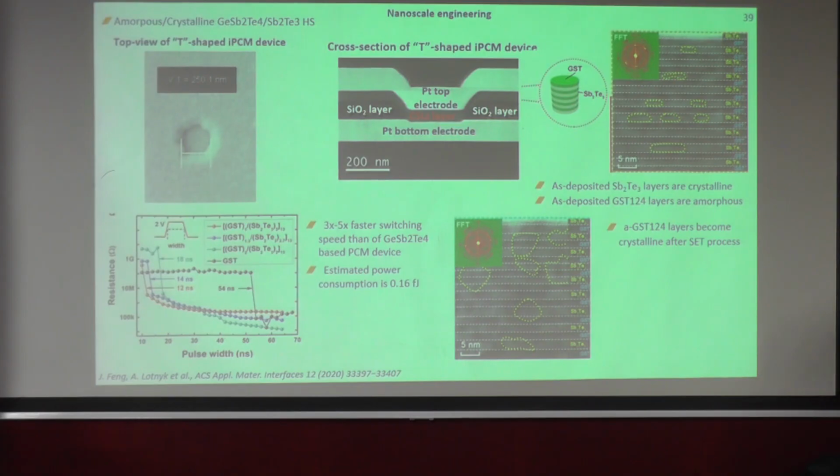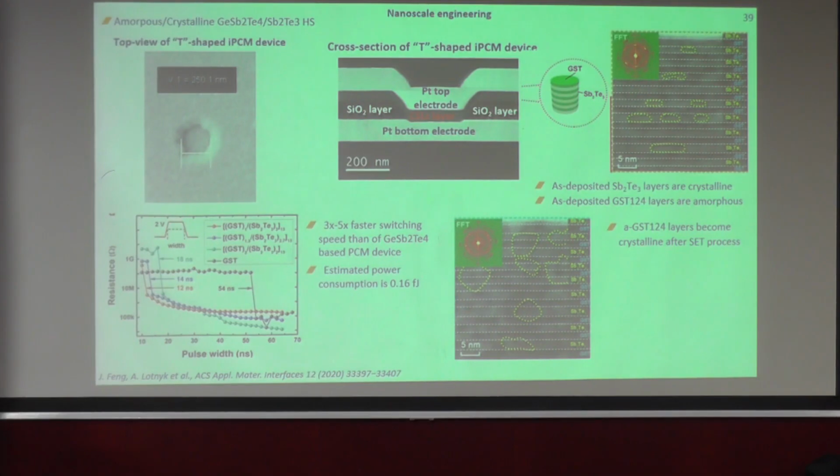And it's based on so-called nanoscale engineering on superlattices, and the idea to produce multi-layers consisting of different types of phase change materials. In this case, we used antimony telluride and GST.